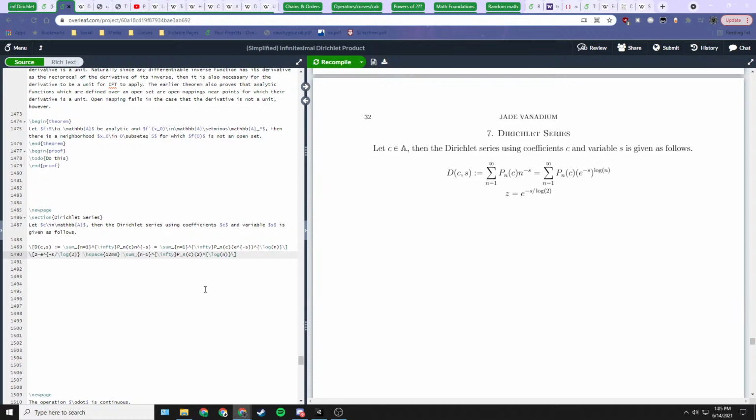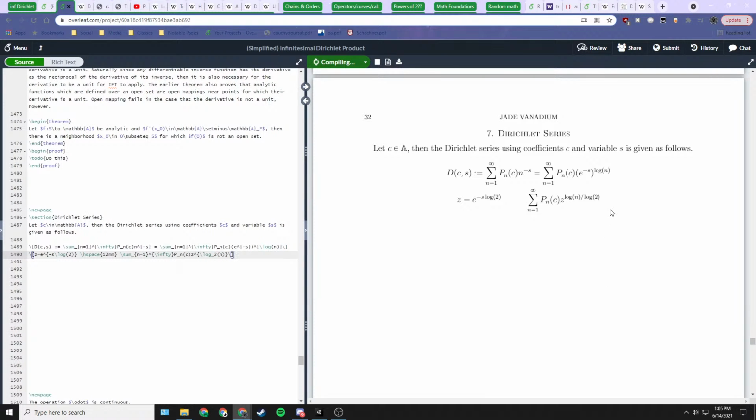Yeah, this is z to the power of log 2. So I think this should be the other way around. This should be negative s times log 2, and then we get divided by log 2 in the change of variables. So we get something like this, or instead of doing log n divided by log 2, this would just be log base 2 of n.